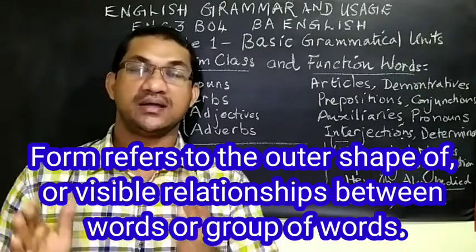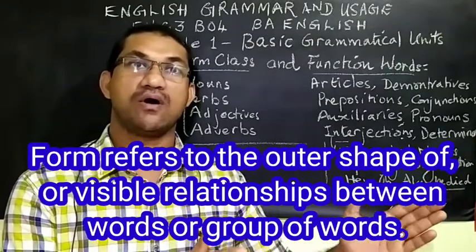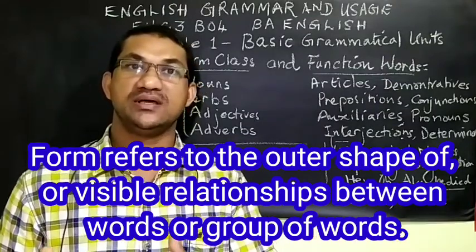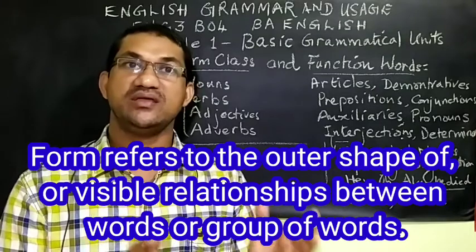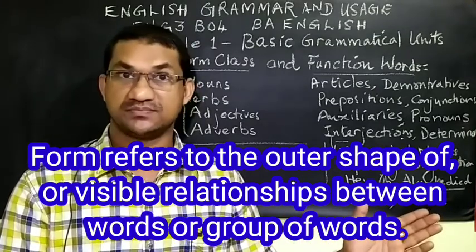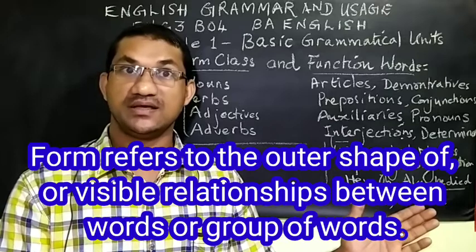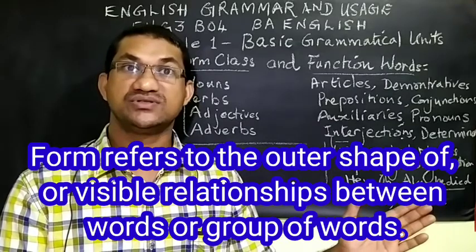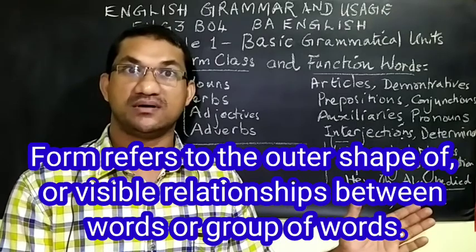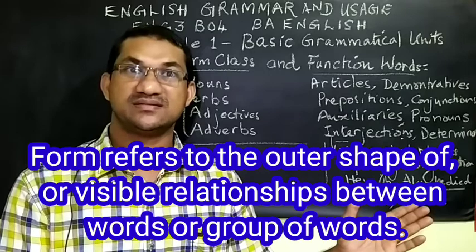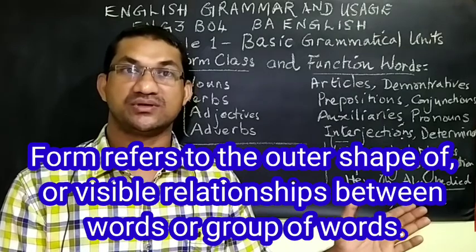We say that John sings a song. John is the subject. Sings is the verb. A song is the object. And we say that John is a noun, a proper noun. Sings is the verb, in the present tense.